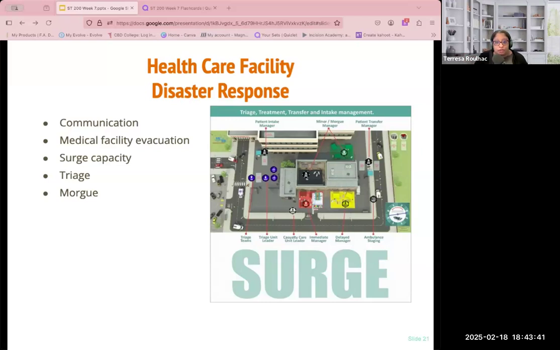So, as a surgical tech, you may be asked to assist with postmortem care, helping with body preparation, ensuring proper storage and handling of the deceased. We also ensure that infection control protocols are followed when managing the bodies and equipment. So, just something to think about.